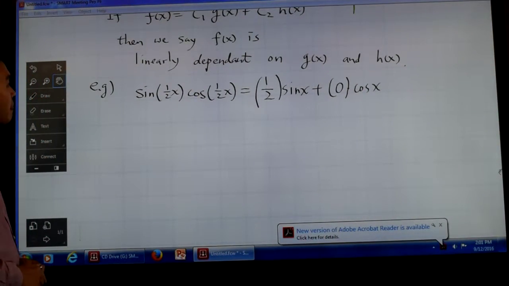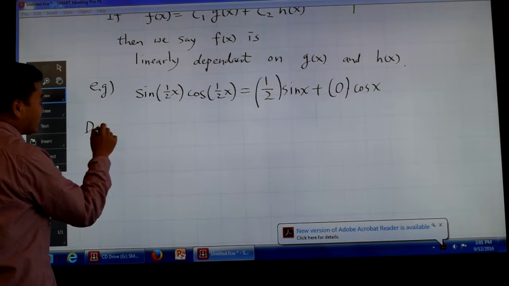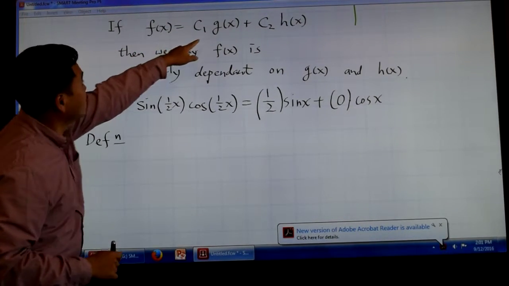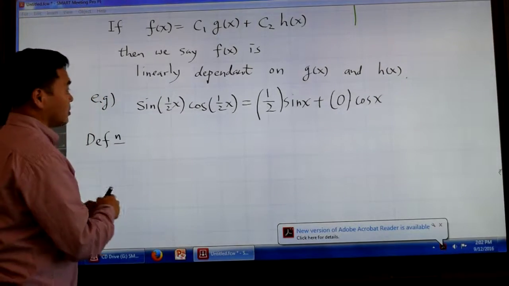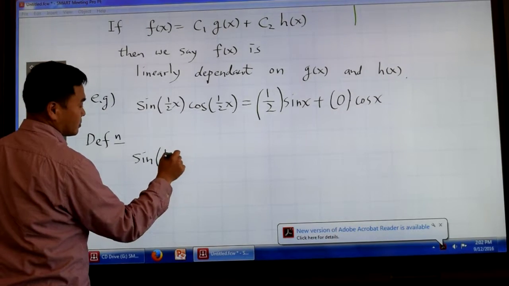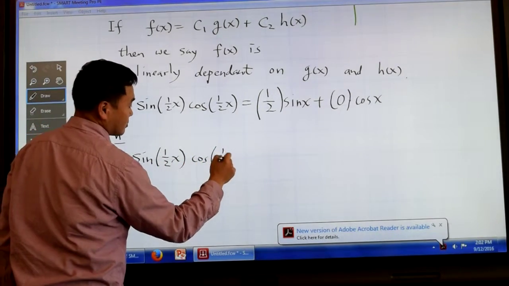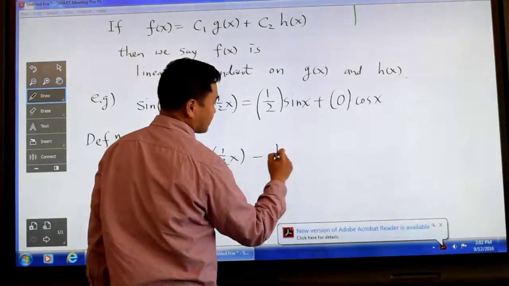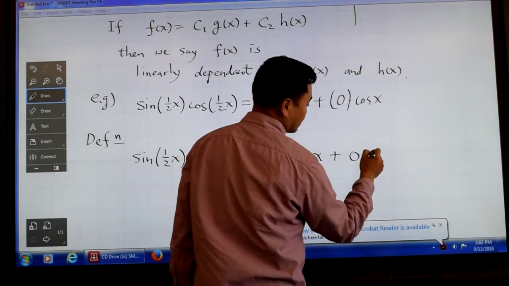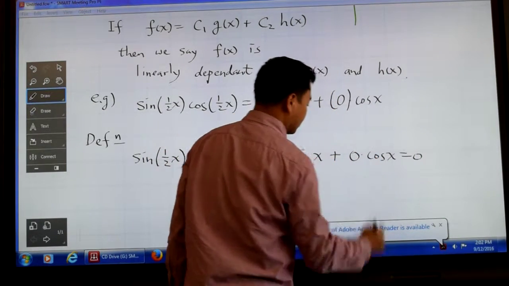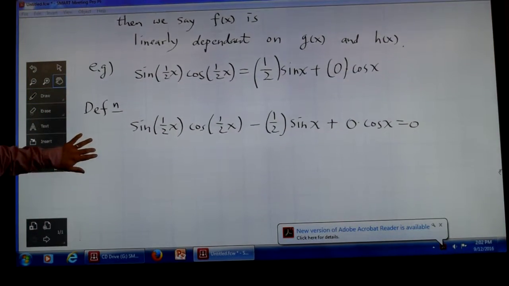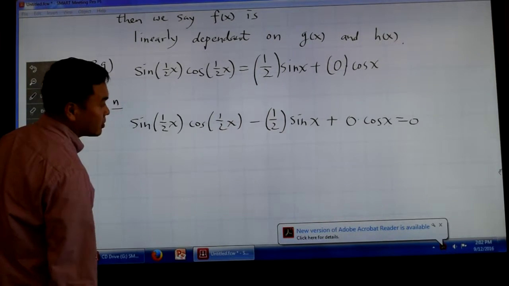But let me write down the real definition. If I move these two to this side, then we have the following form.